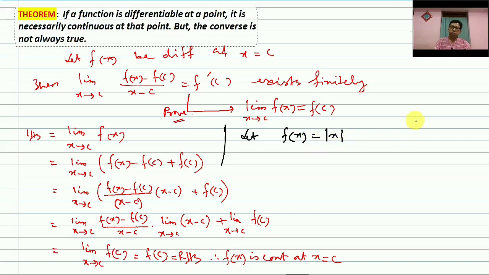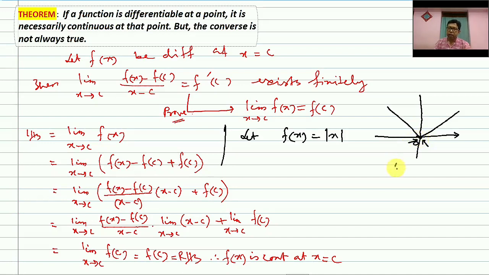You know the modulus function; the curve of this has two parts, it is actually a piecewise function. At the point x = 0, the function is continuous because its right hand limit, left hand limit, and the value of the function at x = 0 are all 0.